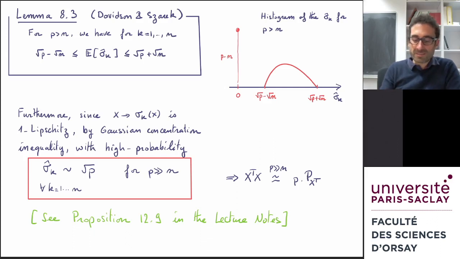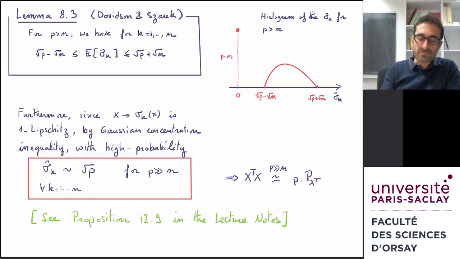When p is very large compared to n, this is essentially square root p, you only have Gaussian fluctuations, so as a first approximation, your singular values will behave like square root p. All right.